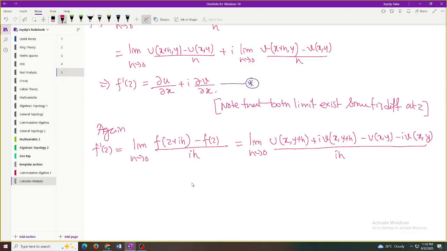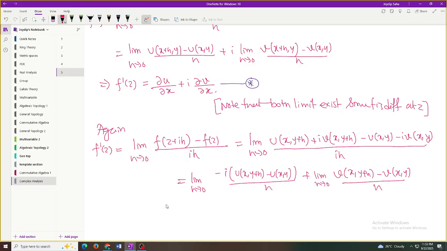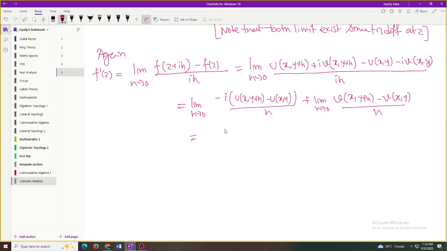So again we can separate this limit, and this is equal to both limits exist. We got the total limit exists.